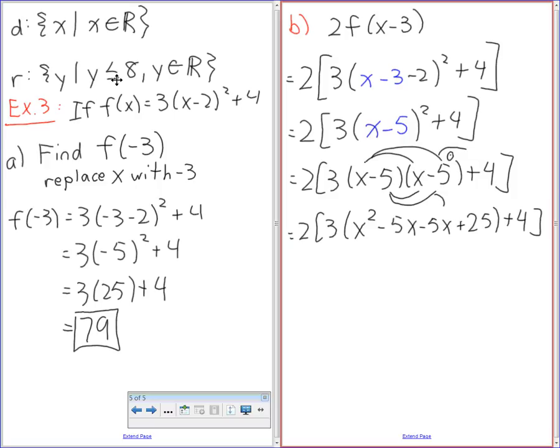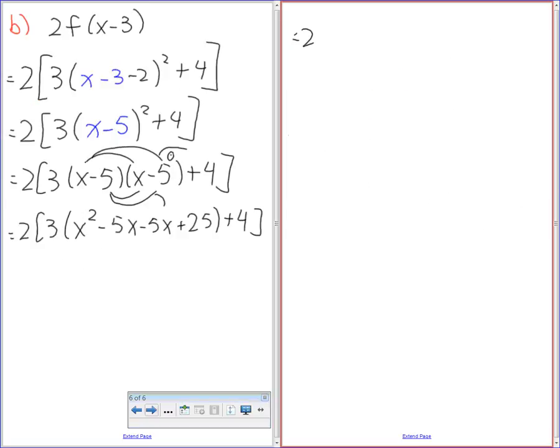That's all right. Yes? You simplify? Yeah. So what's negative 5x minus 5x? Negative 10x, I hope somebody said. So that's 2 times 3 times x squared minus 10x plus 25. We will show you in the next few days how to get from here to here in one step. What comes next?